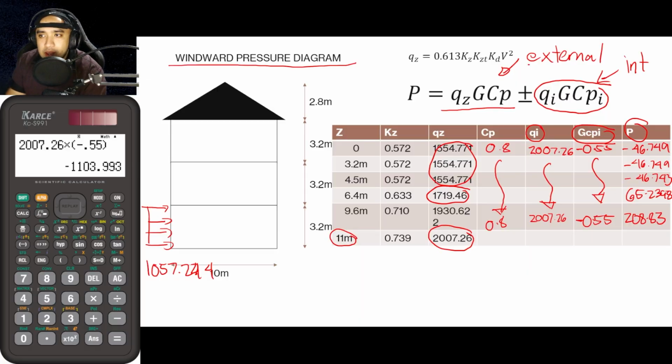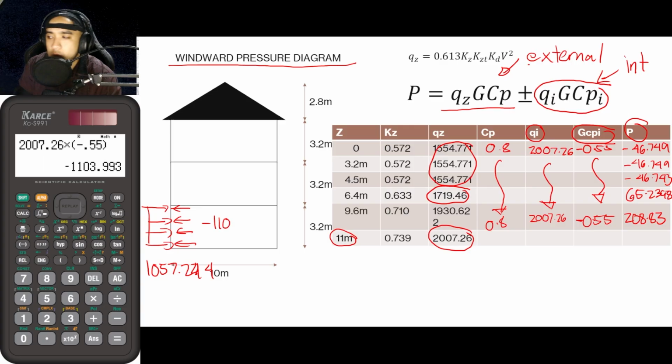So meaning by negative 1103, it is, again, pushing the building from inside out, or parang suction pressure siya, hinihigop siya nung labas. So from that, guys, this is negative 1103.993. Okay, so as you can see that in this location they are opposite each other.